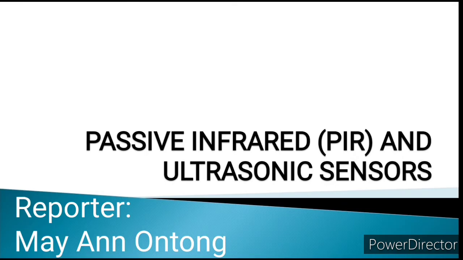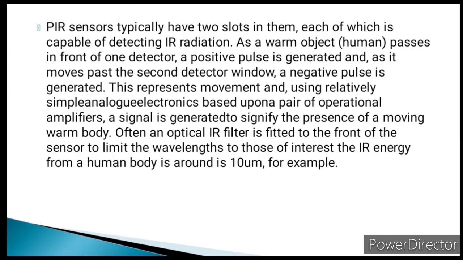Passive infrared, PIR, and ultrasonic sensors. PIR sensors typically have two slots in them, each of which is capable of detecting IR radiation. As a warm object, such as a human, passes in front of one detector, a positive pulse is generated, and as it moves past the second detector window, a negative pulse is generated.